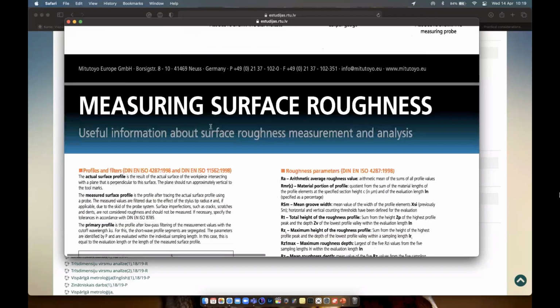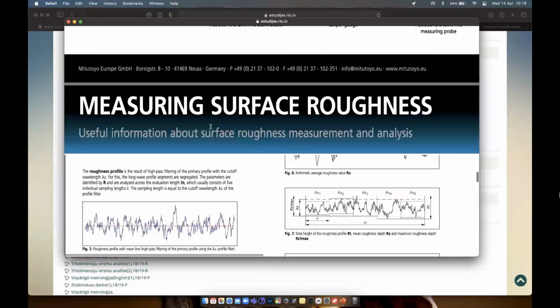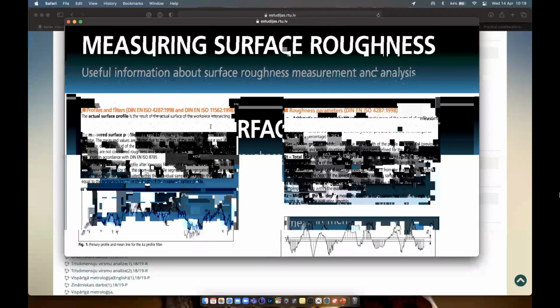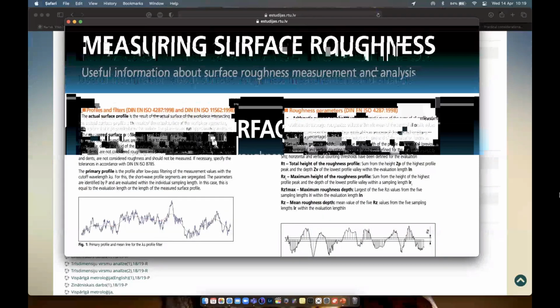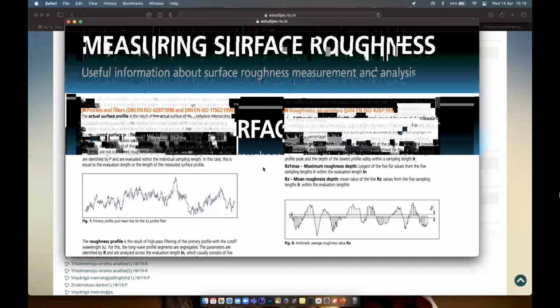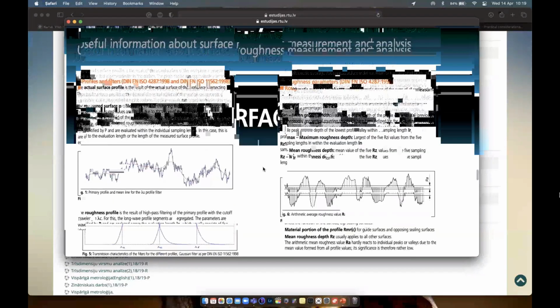And one of the last but definitely not least is a whole poster all about roughness standards, profiles, parameters, and so on.